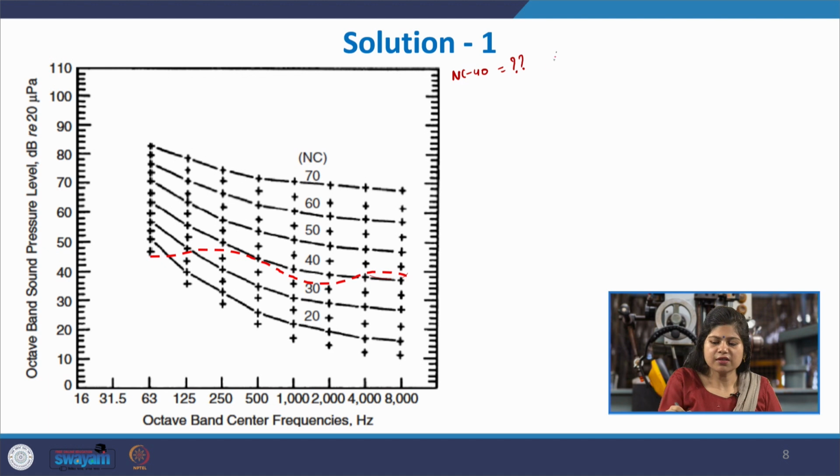So, you cannot say it is an NC 40 environment, because at all points the measured octave spectrum has to be lower than the corresponding value of that NC curve. Retaining the shape, if we draw the various NC curves, we will see that just here as well we will have some NC curve.